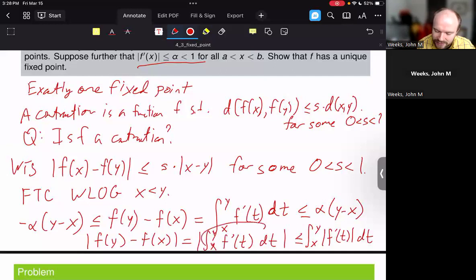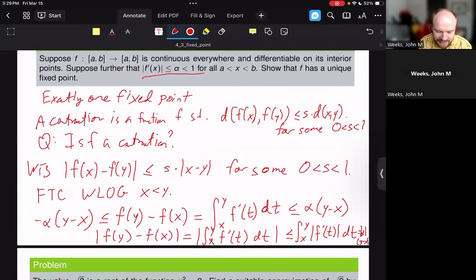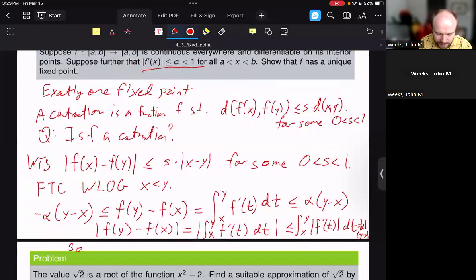Whereas here, this might be adding and subtracting different areas above and underneath the x-axis, this one is always going to be adding. And that's exactly where I can say that this is less than or equal to the absolute value of alpha times y minus x. That's exactly saying, by the way, that f is a contraction, where s is equal to alpha.